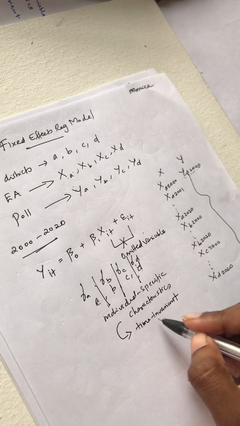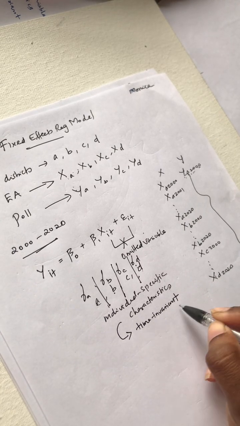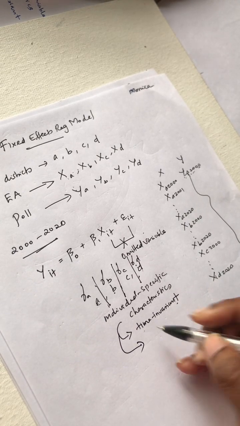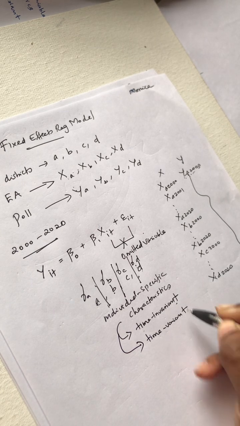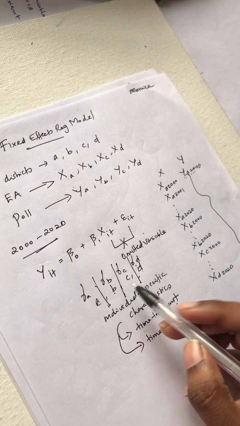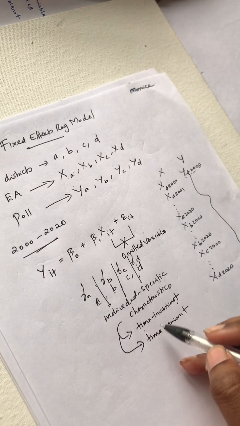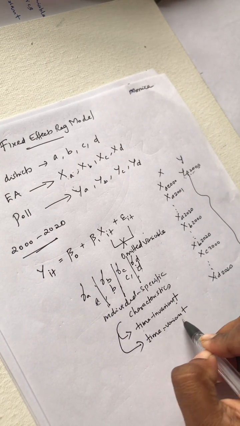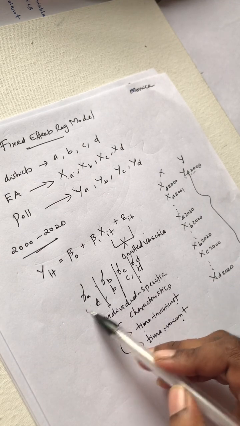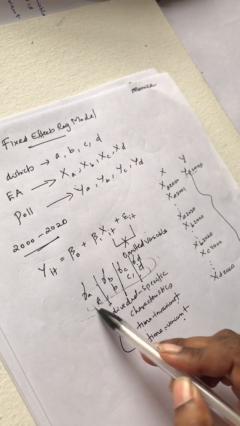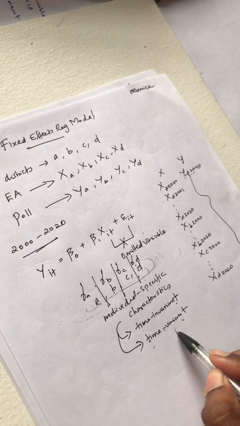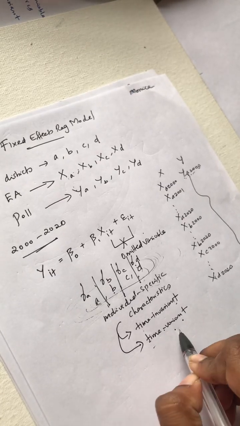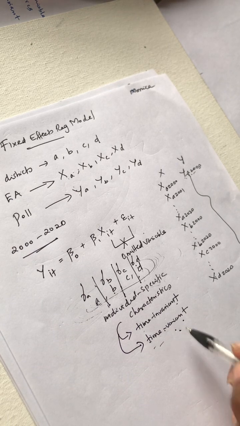Okay, so what happens? There are time invariant factors and then there are time variant factors. There are some factors that actually change with time but are constant for the entire set of districts, say a government policy that is a national level policy.